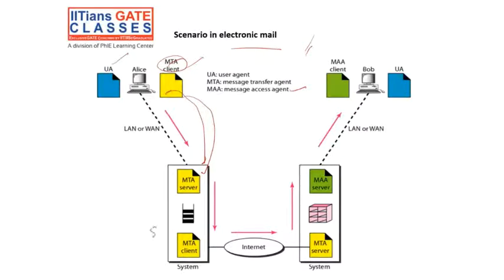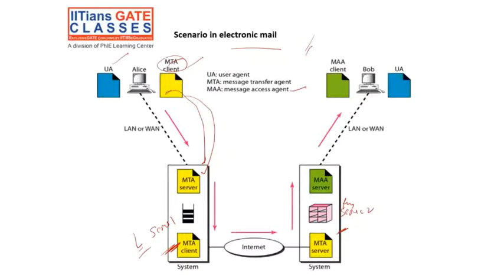Let's say this is server 1 and this is server 2, your local server and your remote server. Let's say this is your India server and this is your US server. From the India server to the US server, then the US server to your particular client. So client to client protocol communication will be there.